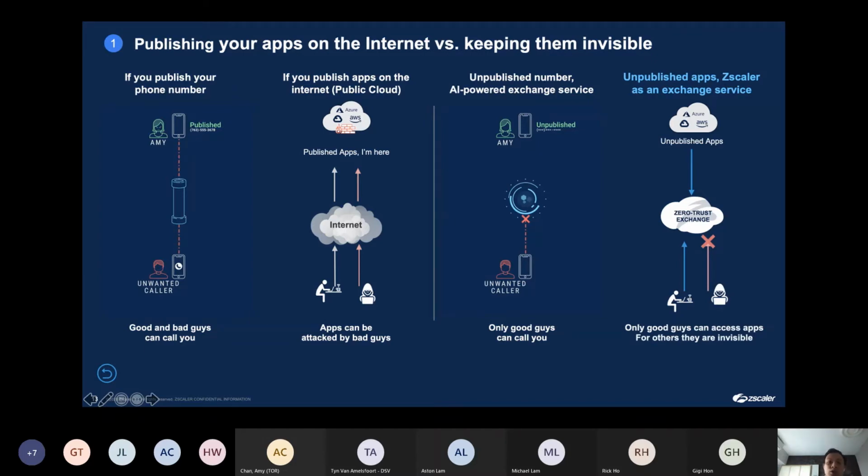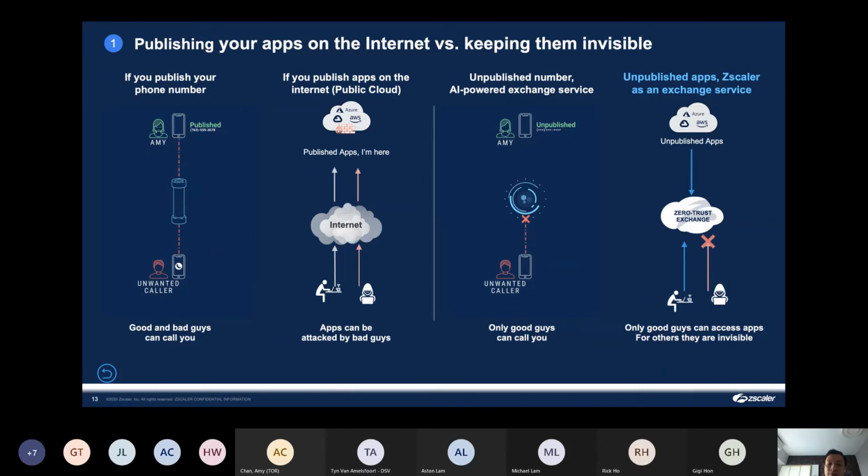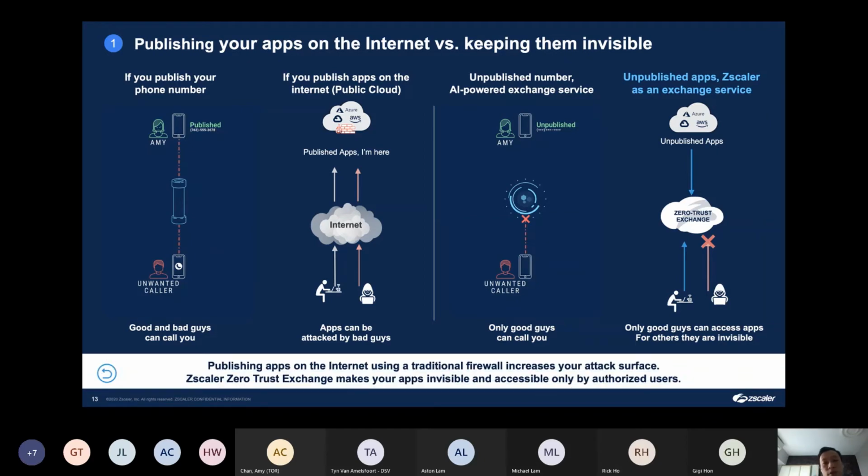Your VPN gateway is not published to the internet. Your VDI solution is not published to the internet. It is only connected to the exchange network by outgoing connection, without allowing anyone to connect to it without authorization or checking. This is what we believe to be one of the criteria for you to build a zero trust model.